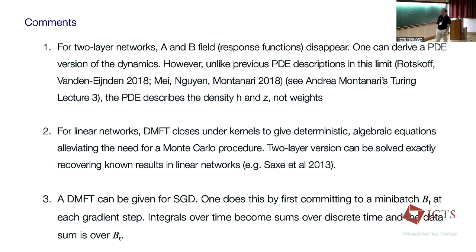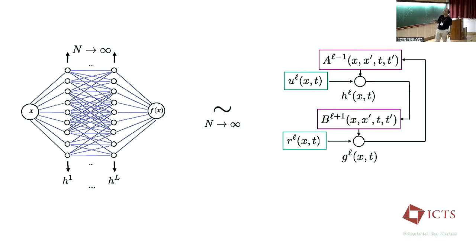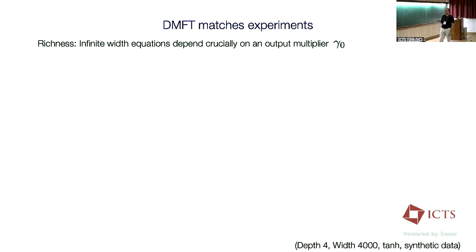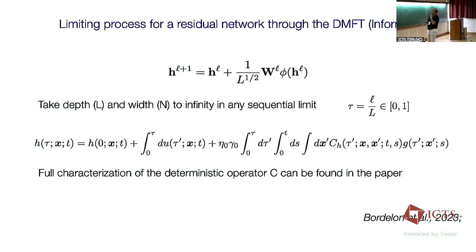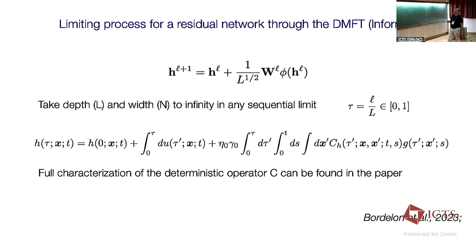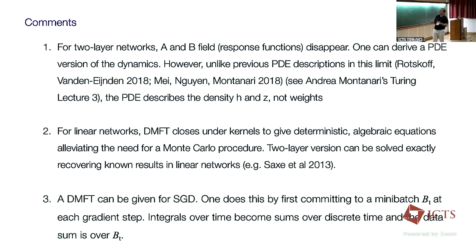The difference will be integrals over time become sums over discrete time steps, and at each time step, instead of summing over all data, I'm going to be just summing over that particular batch, and you can do that as well. So there's no problem there. Good. Okay, so I could say much more about this, but I want to move to a different topic. So this is what happens for MLPs.